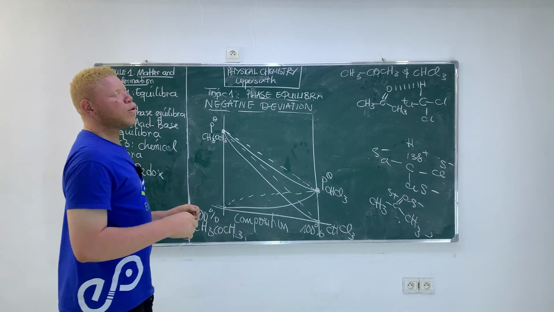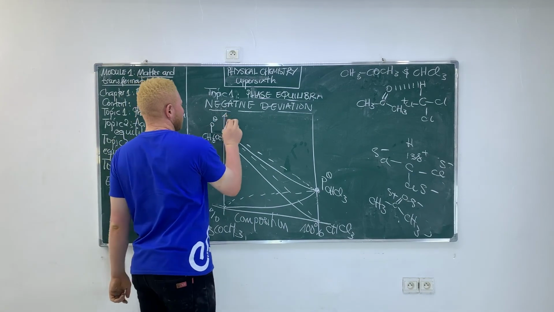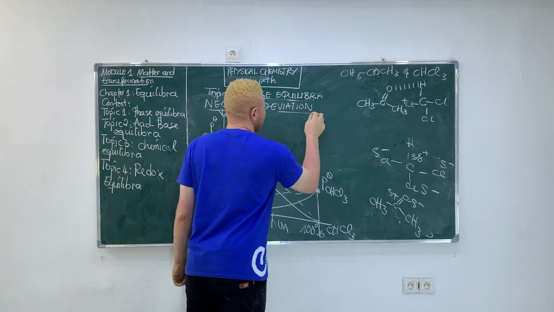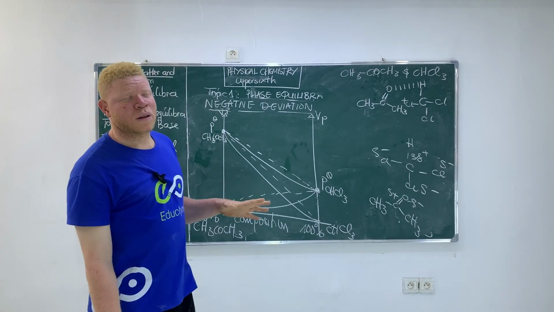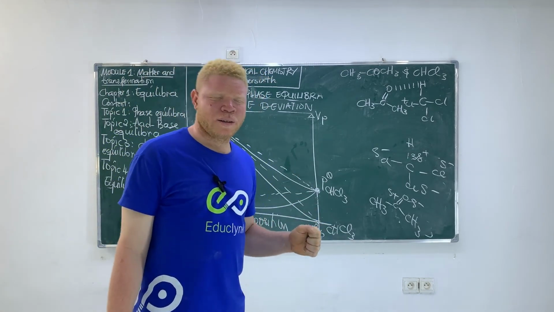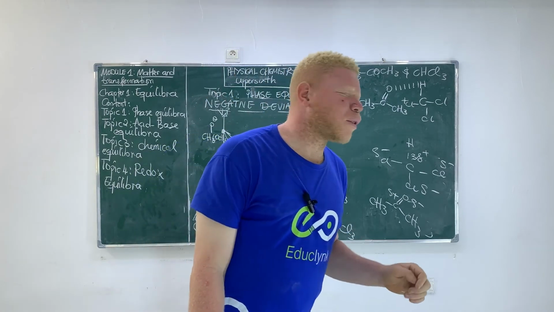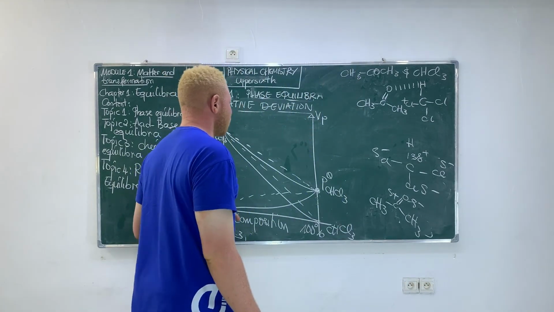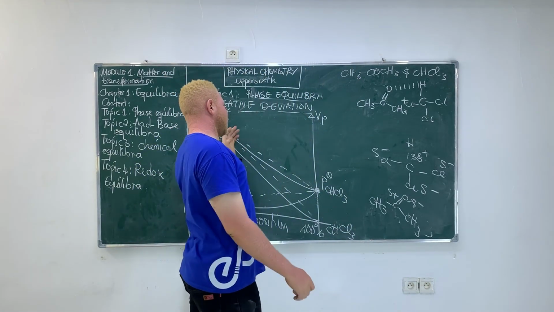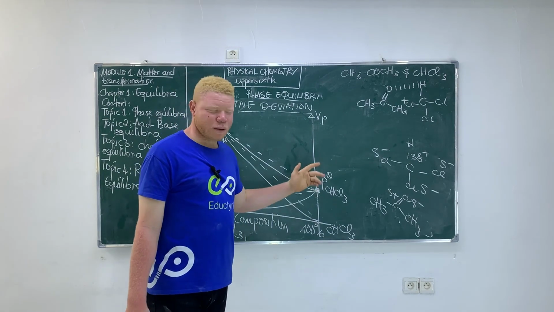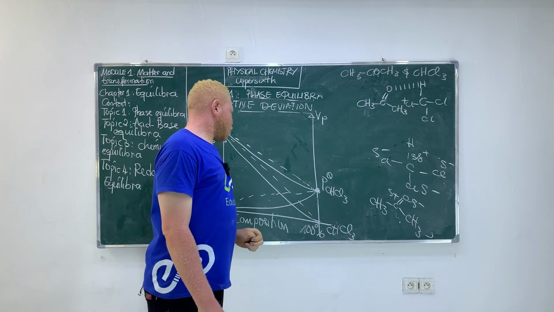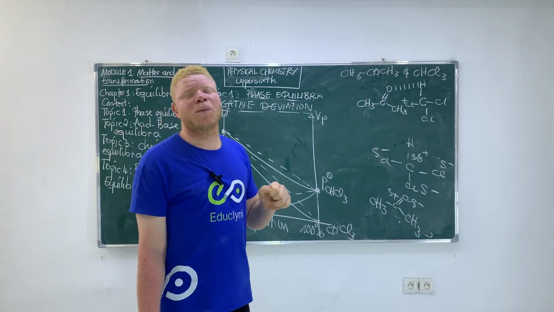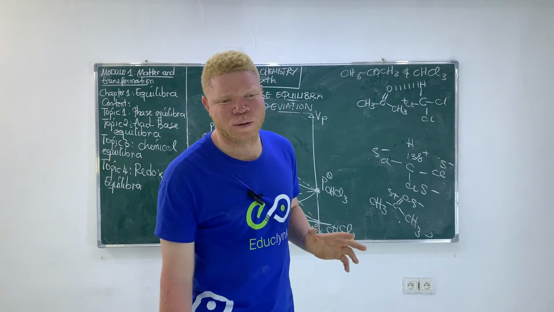So that's the difference between positive deviation and a negative deviation. For positive deviation, the curves verge upward. For negative deviation, the curve verges downward. So in this case, we have a negative deviation. So for negative deviation, the vapor pressure is lower than that predicted by Raoult's law.